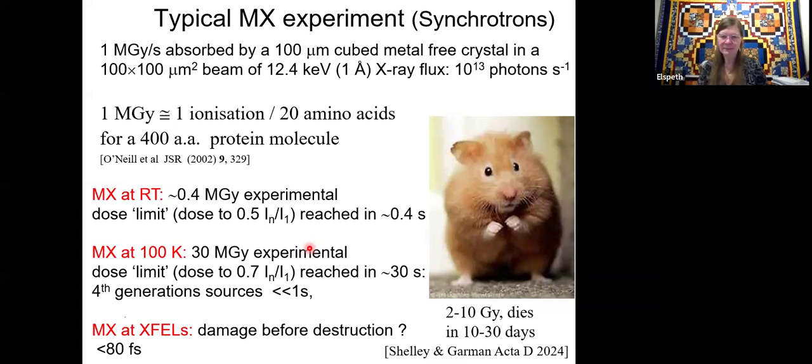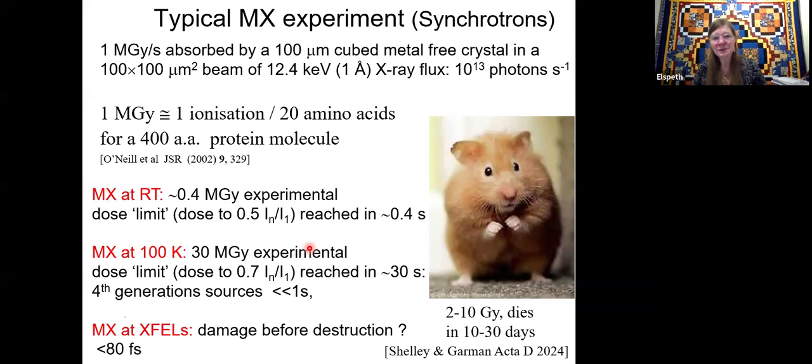And a human brain tumor gets 60 gray absolute maximum in 30 doses of 2 gray a day. So you can see that these protein crystals are incredible in what they'll withstand in terms of absorbed radiation. 1 megagray of absorbed dose, rather, will give 1 ionization for every 20 amino acids in the protein structure. That's for a 400 amino acid protein.